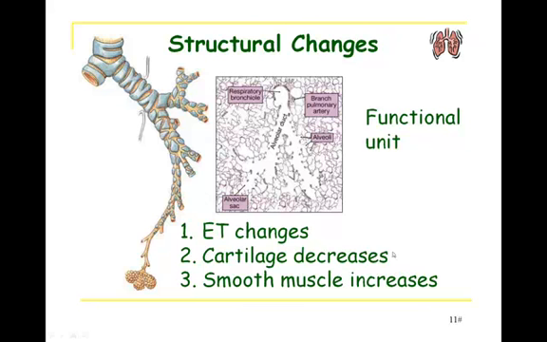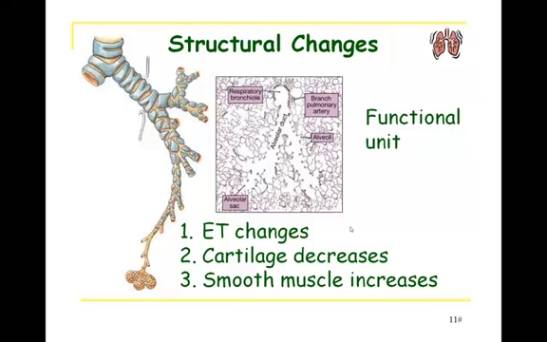Now, just to review with you structural changes that happen in the airways. This is the ET, an abbreviation for epithelium. So your epithelium does change as you move down the tracheobronchial tree.